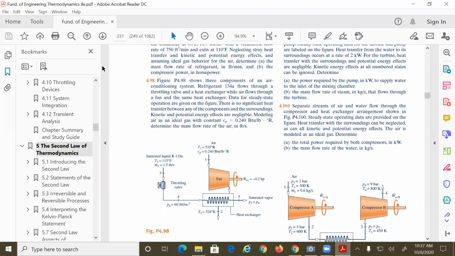So be careful here because there are two different substances. On one side is refrigerant 134A, on the other one is air. This is like a simplified version of the AC of a car, no? A very simplified one. And you know that T1 is equal to 535 degrees Rankine, and the specific heat of the air is 0.24 BTU per pound Rankine. Allow space to put the units.